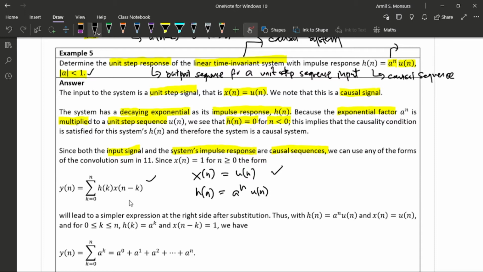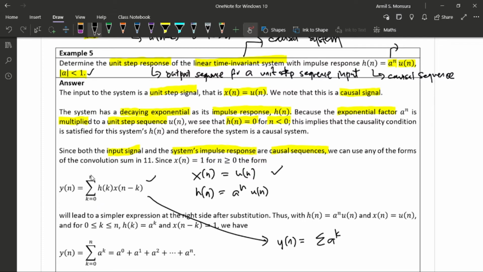Okay, so after substitution, we will simply have y of n equals the summation of, yung h of k natin is a raised to k. And again, since naiba na natin yung lower limit natin, we will not need to write this because it is 1 within this interval.